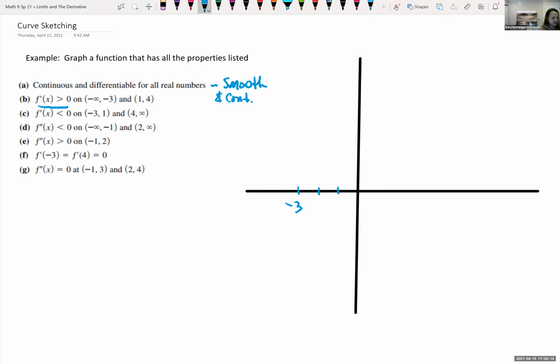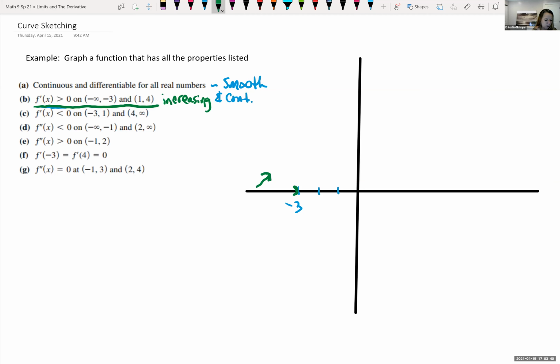If the derivative is greater than 0, then we know that it's increasing on these intervals. Okay, so from negative infinity to -3, we're going to be going upwards. I'm just going to put a little note to myself that we're going upwards left to right.